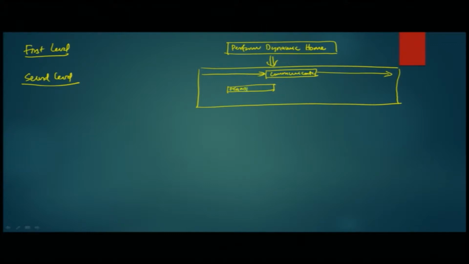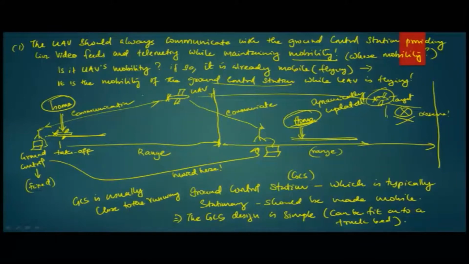During this process sometime you will probably have transport home, or we will change it as transport GCS. This will also happen sometime. When we discussed with the customer, they said that once the UAV takes off, it reaches, let's say, the cruising altitude, they would like to shift the home to this new location.